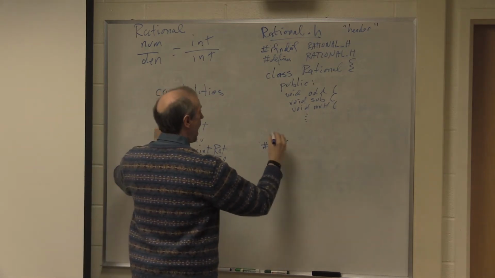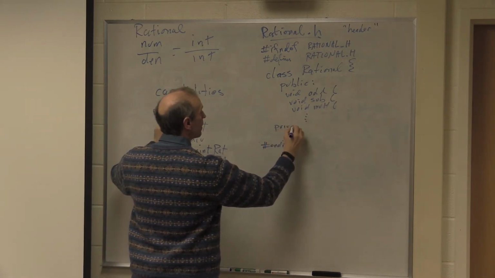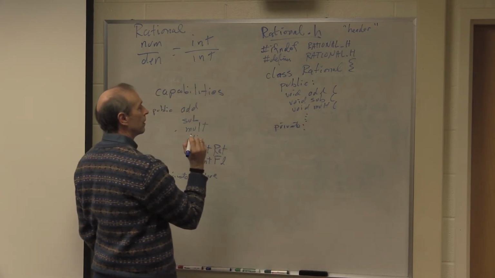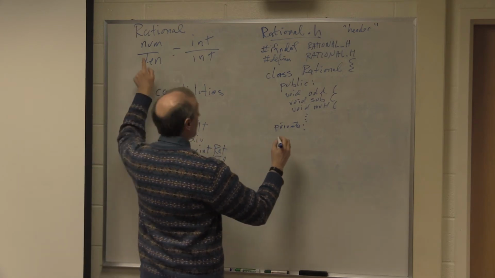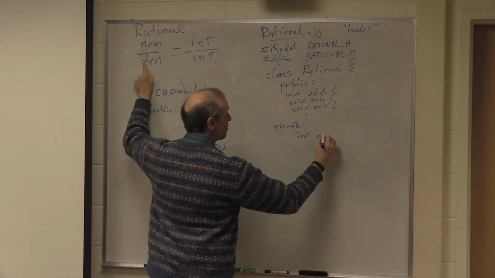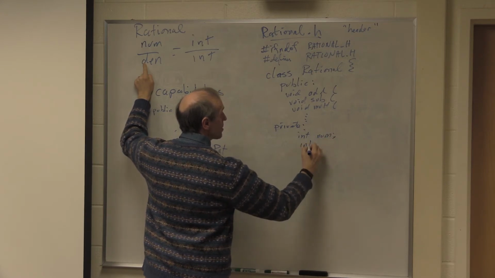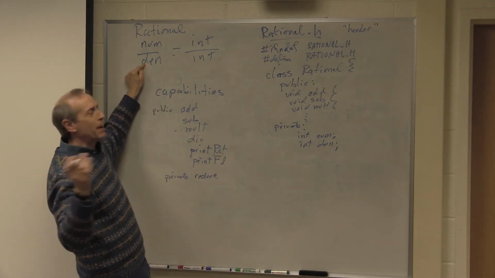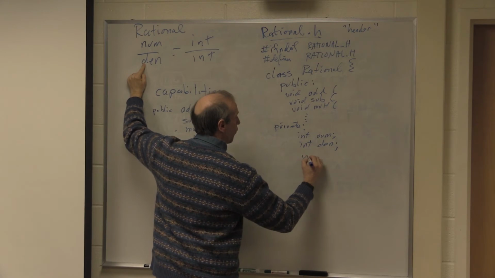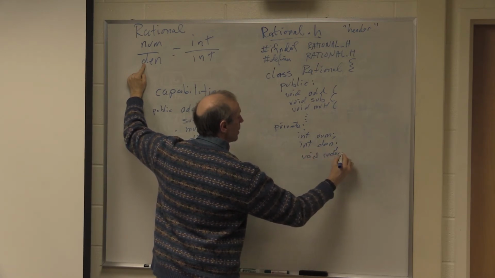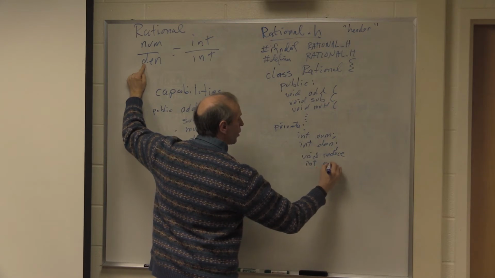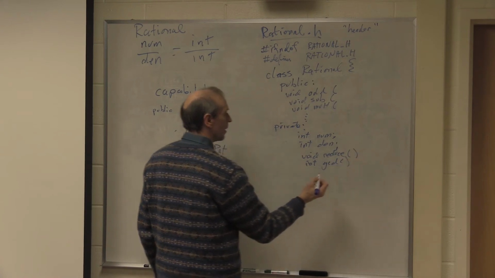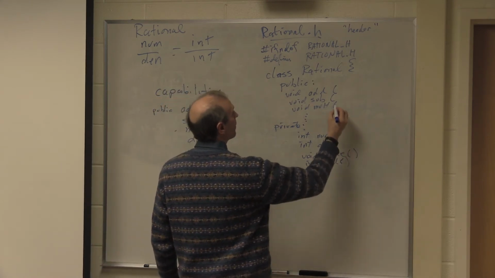And then private will be typically your instance variables. And we want int num, int denom, or you can spell it out, numer, denom, pick your poison, and void reduce, and there will be one more in here called GCD. And they will have parentheses after.